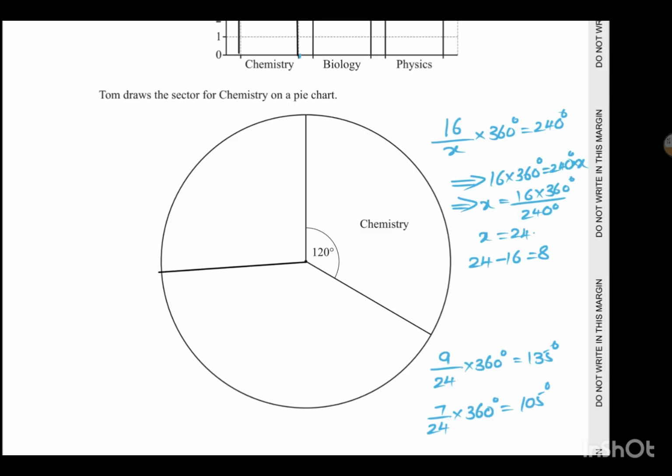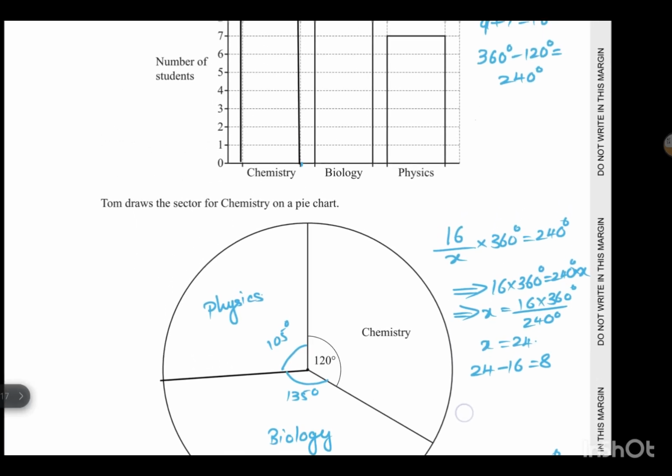So this angle will be 135, which is biology, and this will be 105, which is physics. So our bar chart and pie chart are done.